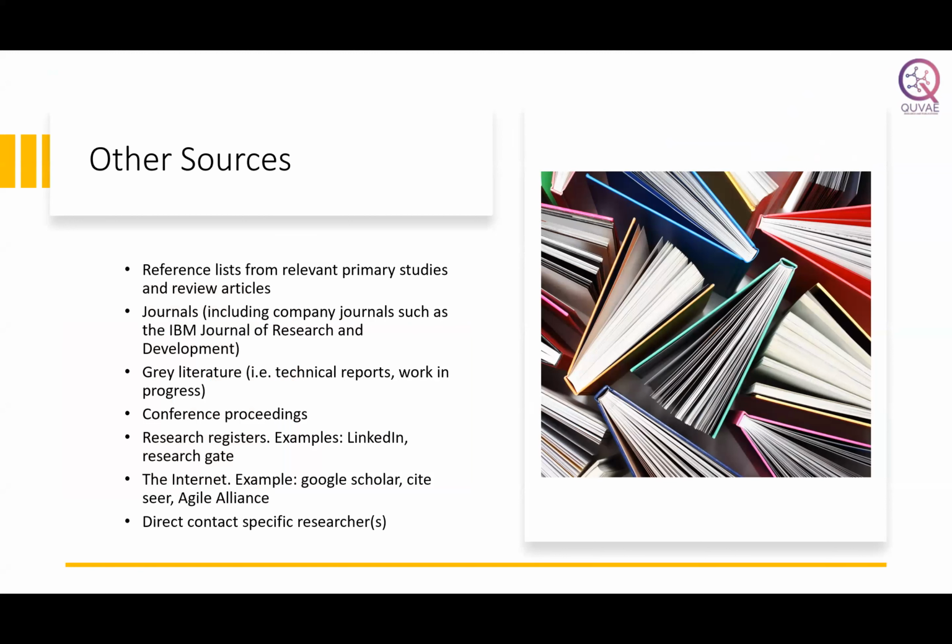Or the conference proceedings, research registers like LinkedIn or ResearchGate, and of course the internet, where we use Google Scholar, CiteSeer, and Agile Alliance. And also you can contact a specific researcher directly and ask for the studies or articles.